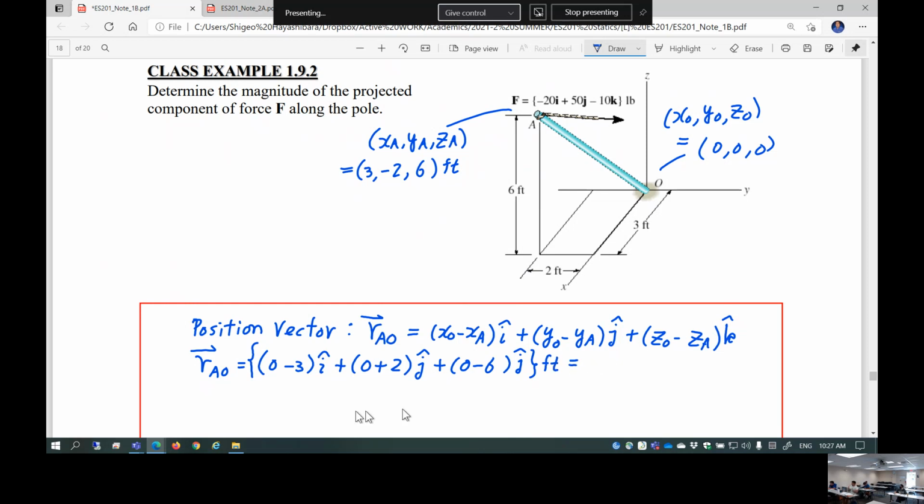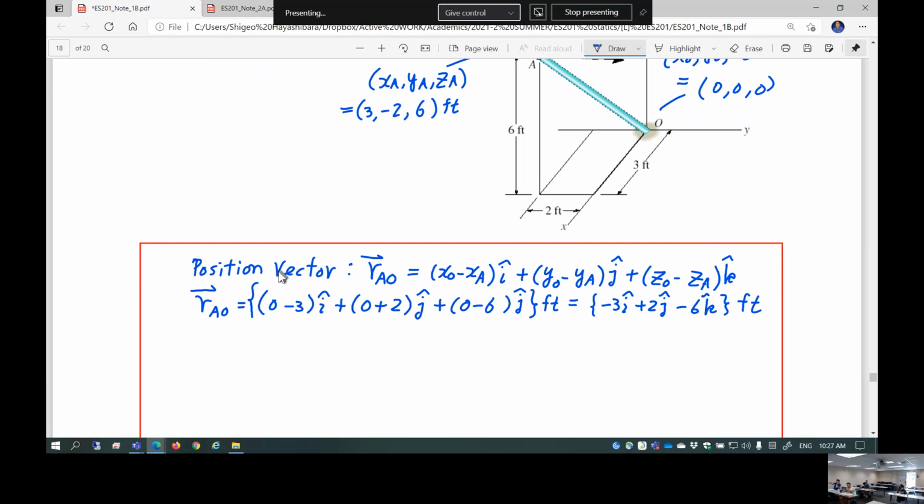As a result, this is going to be minus 3I plus 2J minus 6K. Unit is feet. Okay, good. I had J twice, right? 0 minus 6 is supposed to be K. Sorry, I oftentimes do that kind of stupid thing. Appreciate that. So this is K, yeah, that's right.